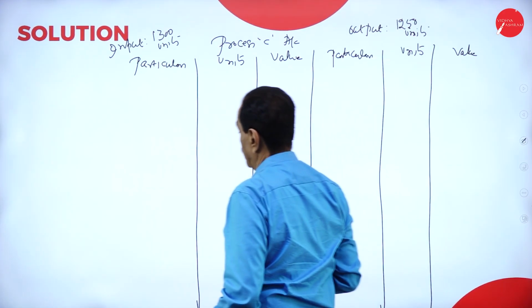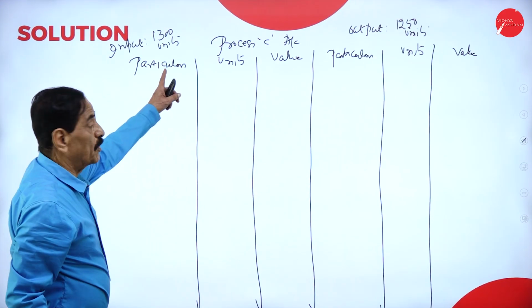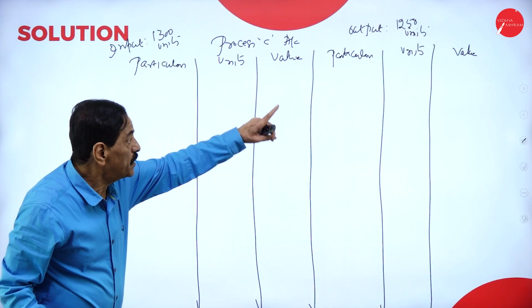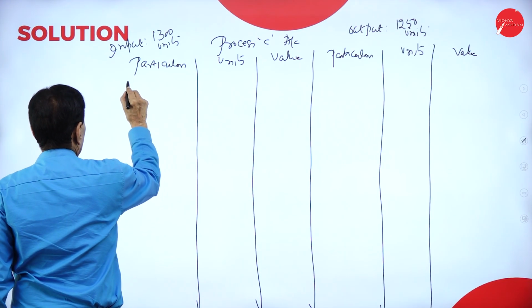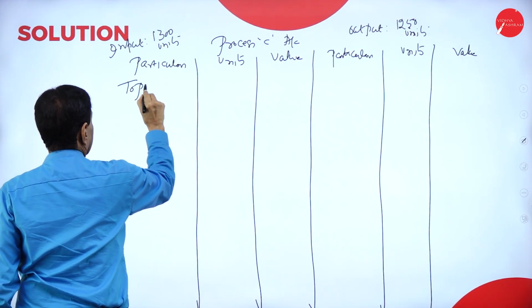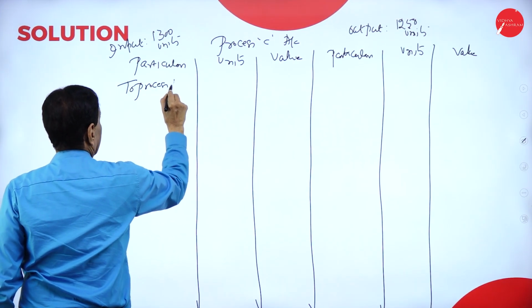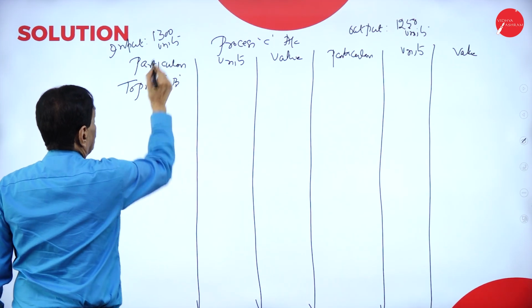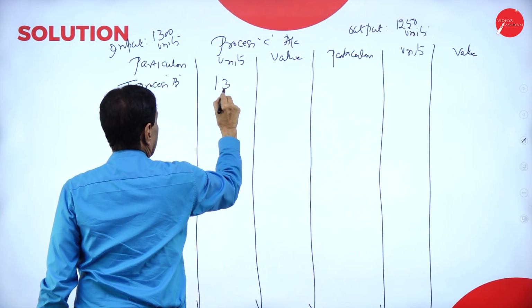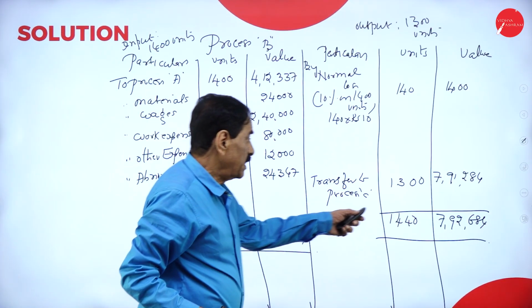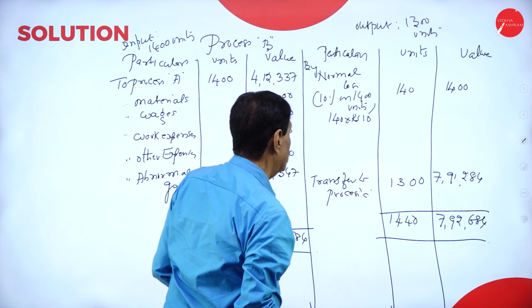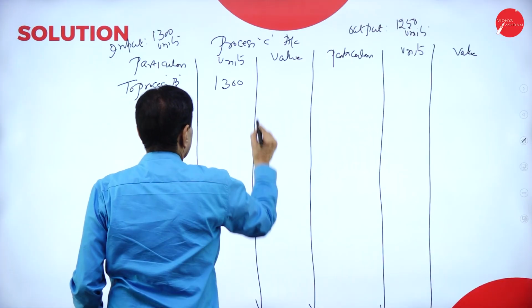Now, transfer entry. So your input is 1300 units, your output is 1250 units. To process B, transfer entry, how many units? 1300 units. What's the value? 7,91,284.